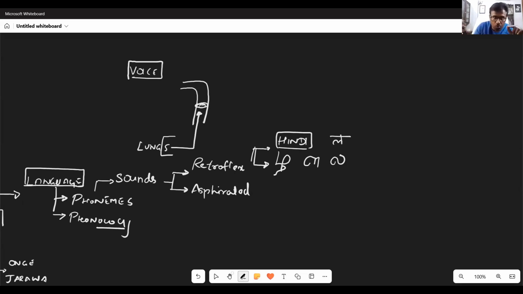And then you have a hyoid bone. You will have the tongue, and your tongue is joined to this hyoid bone. What this hyoid bone does is that it can move your tongue in whichever direction you want.